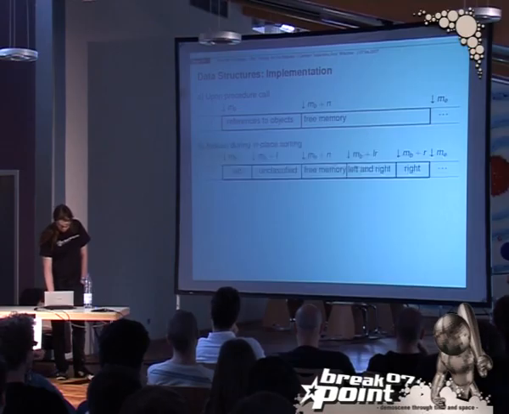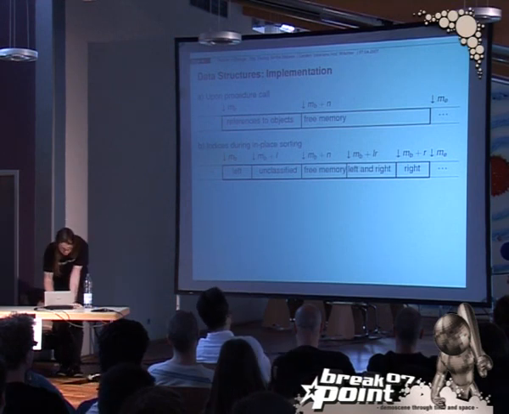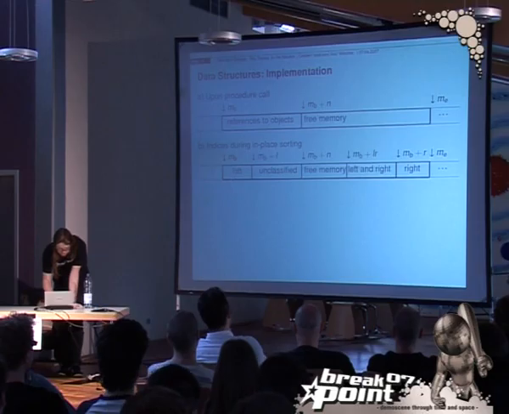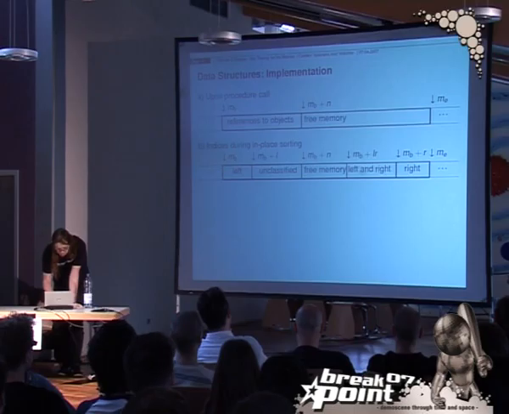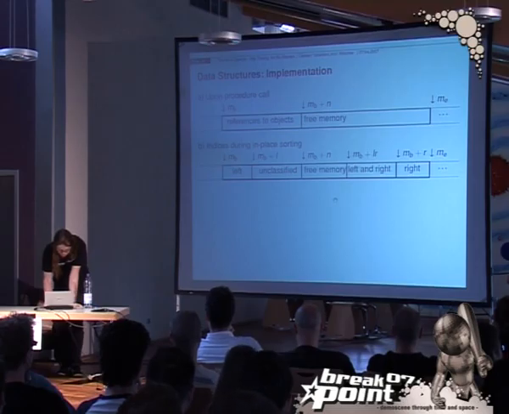Then you continue. For the first split you do, you will sort the left to the beginning. The unclassified are still here. So at the beginning, these are all unclassified. You put them to the left, to the right, or to the left and right. This can all be done in place and is more or less simple. The implementation is a little bit tricky, but if you think about it, it's pretty easy.